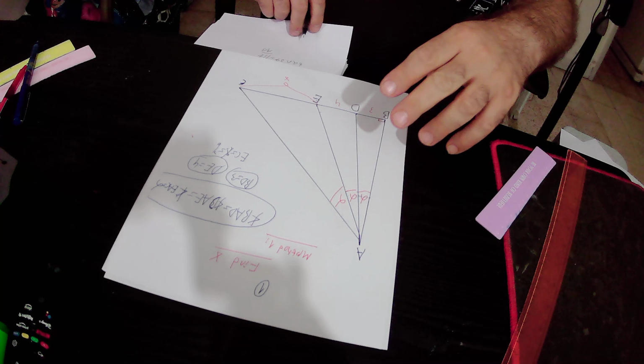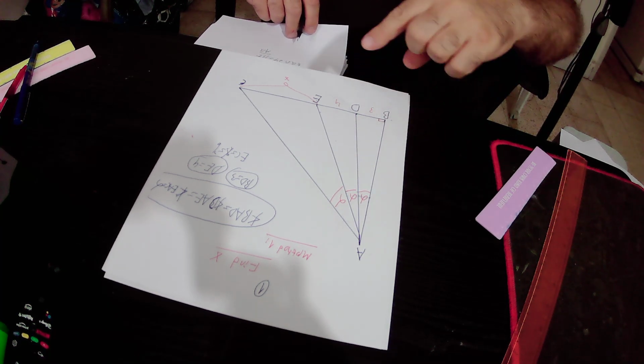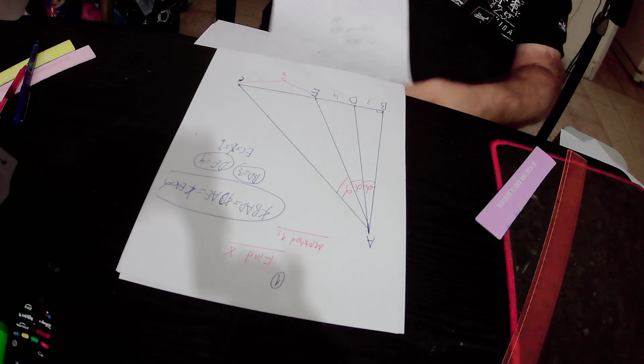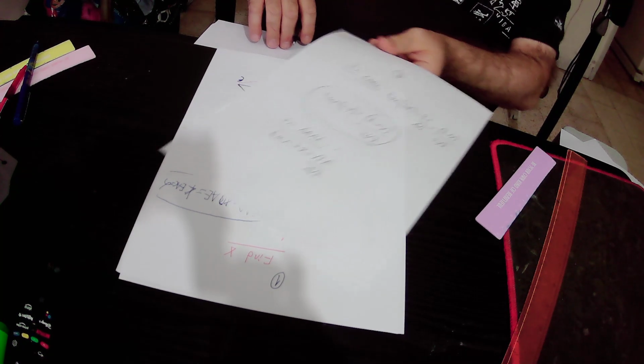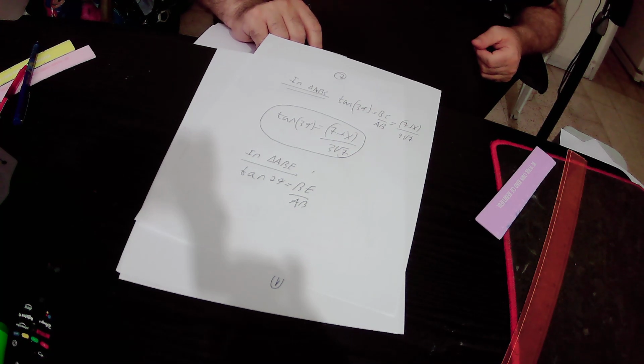Again, in the right triangle, triangle ABE, tangent 2 alpha equals BE over AB.